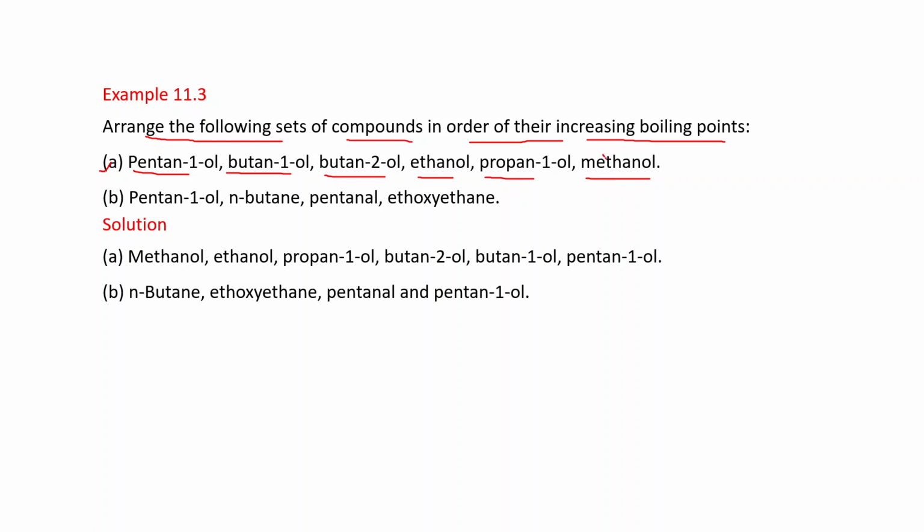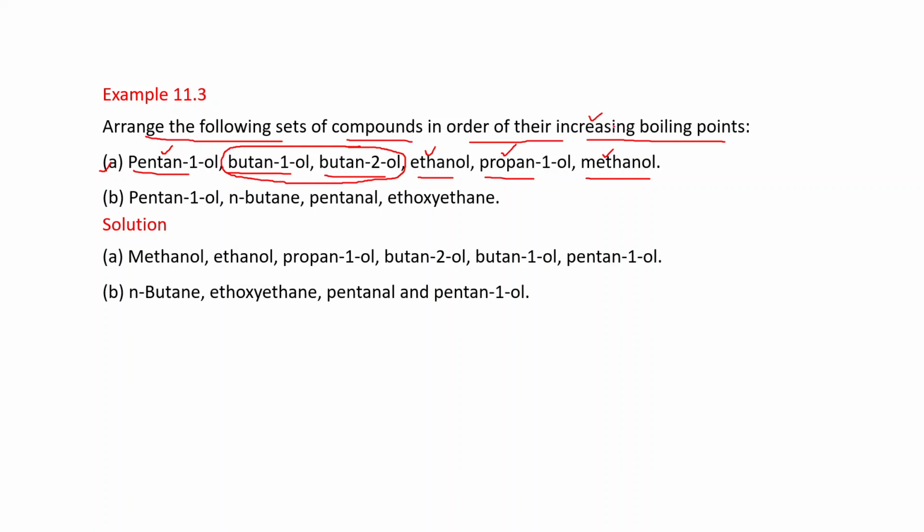This is methanol, 1 carbon atom, ethanol, 2 carbon atoms, propanol, 3 carbon atoms. Now butan-1-ol and butan-2-ol have 4 carbon atoms. We can say these are isomers of each other. And this is pentanol, 5 carbon atoms. Now we have to arrange these alcohols in increasing boiling points.